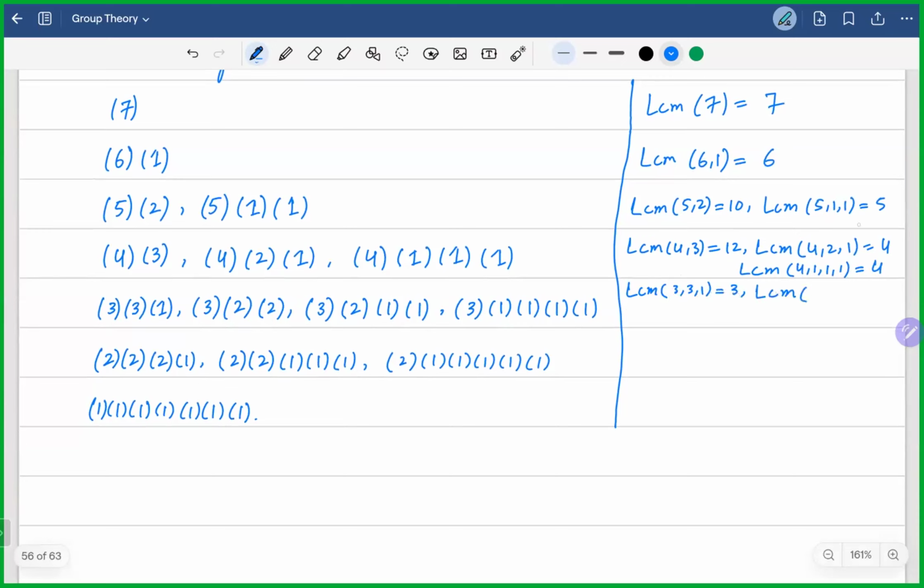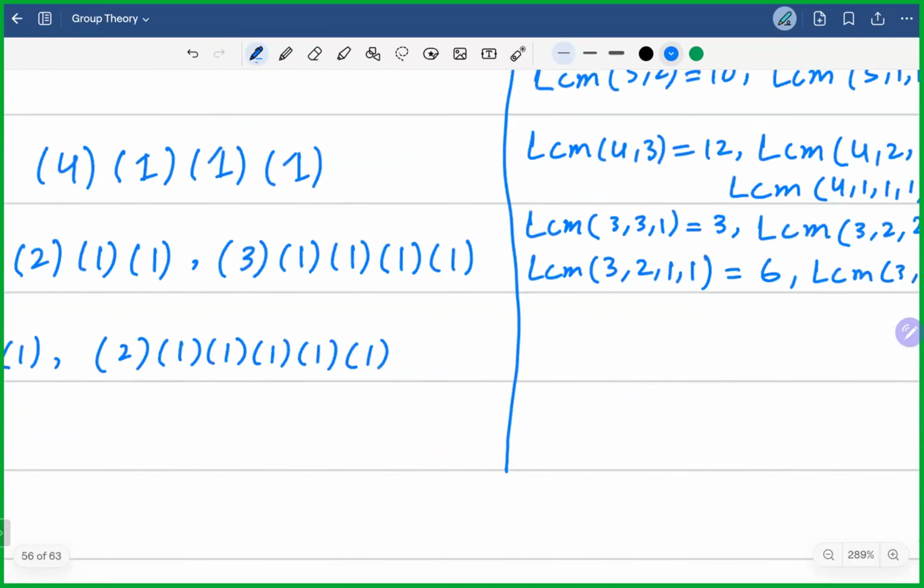LCM of 3, 2, 2 is 6. LCM of 3, 2, 1, 1 is 6. LCM of 3, 1, 1, or I can also write the notation 1 power 4, is 3.